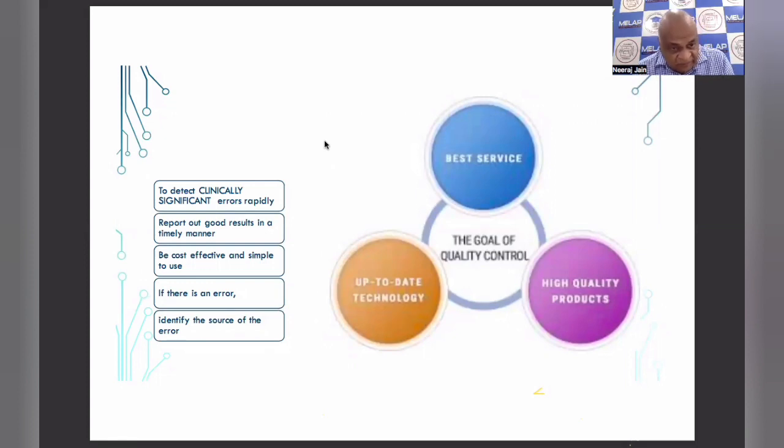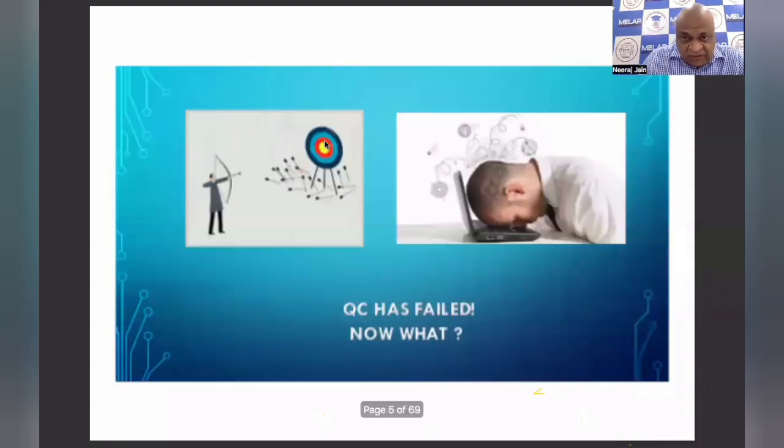And if there is any error, we can take appropriate action after root cause analysis. What we want to do, we want to provide best services to our customers.